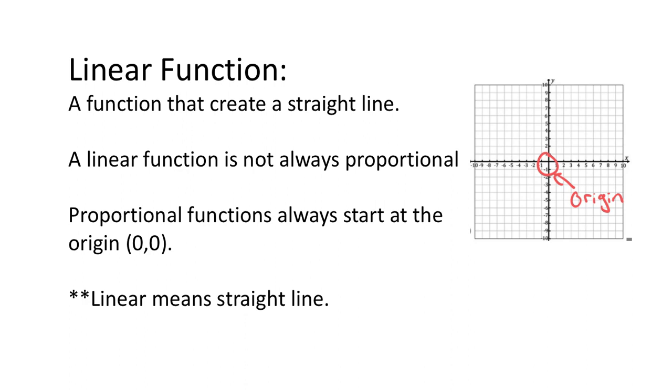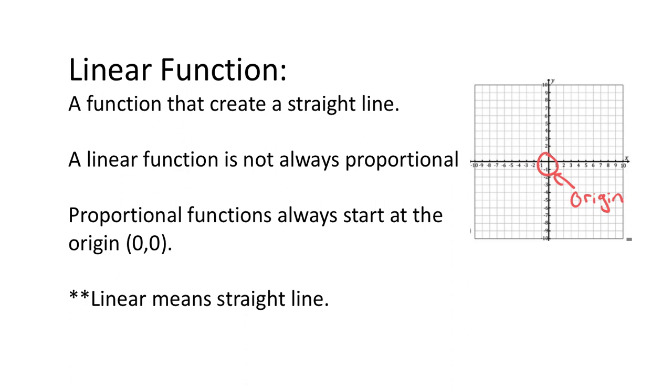Okay, and then linear, so when you think of linear, I want you to think of a straight line. So a linear function is going to look like this on the graph, a straight line. If that perfectly went through right here, the origin, that would be proportional.